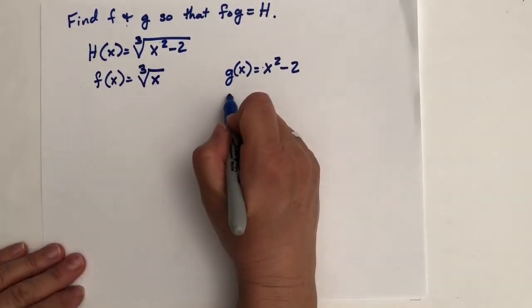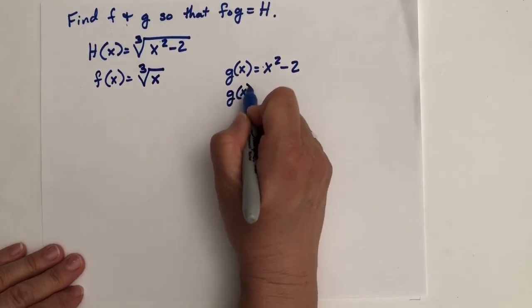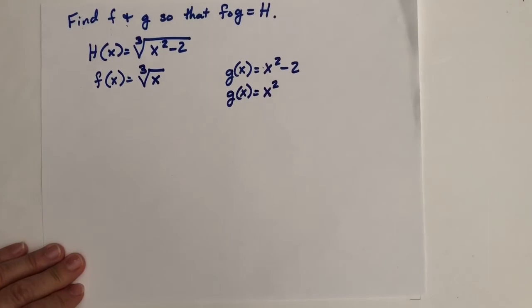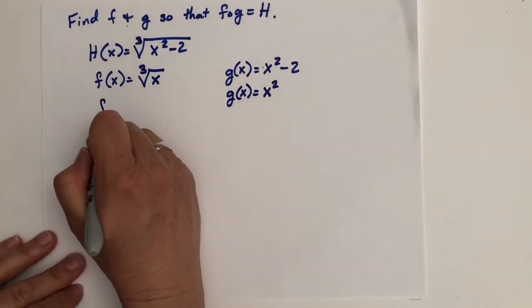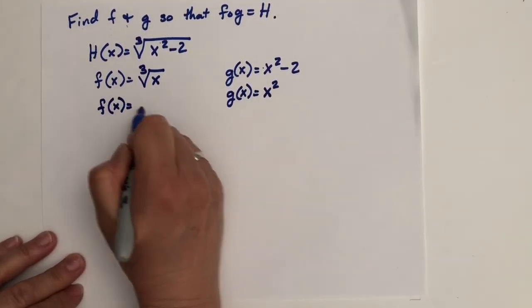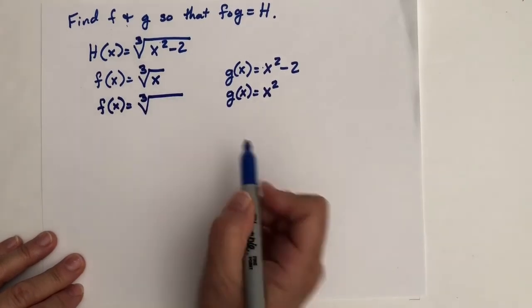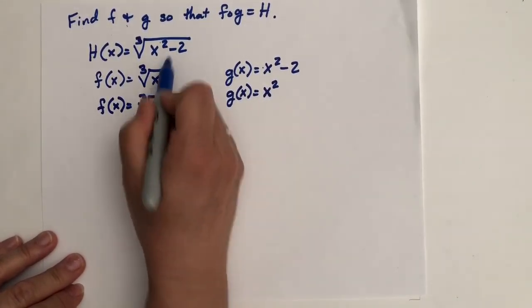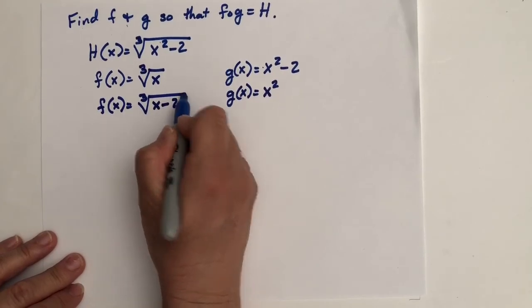So there's one way in which we could decompose it. Here's another way. What if we let g of x just be x squared? Can you see what f of x would need to be? That x squared would need to replace an x, but you'd still need a minus 2 over here.